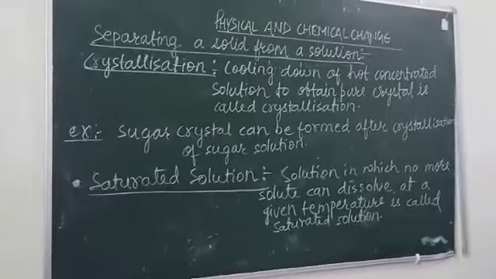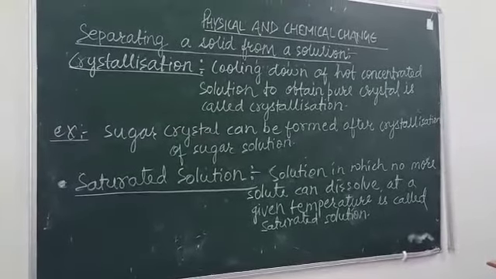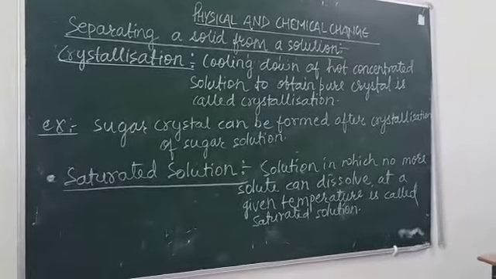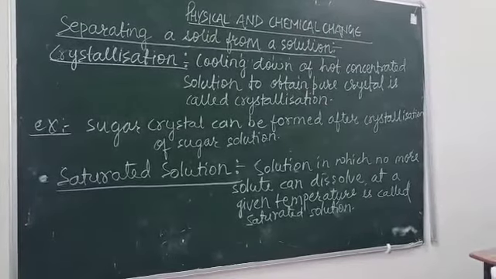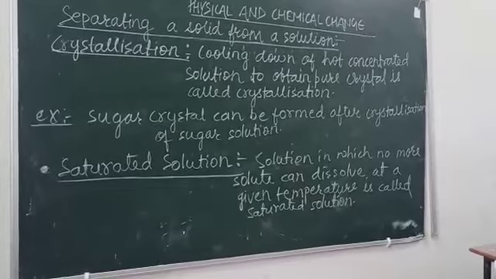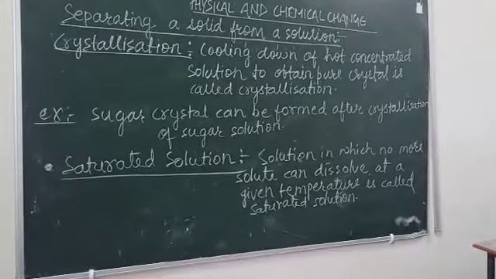Now next is crystallization. Crystallization is a physical method of separating a solid from a solution. What is crystallization? It is a process of cooling down a hot concentrated solution to obtain pure crystals.